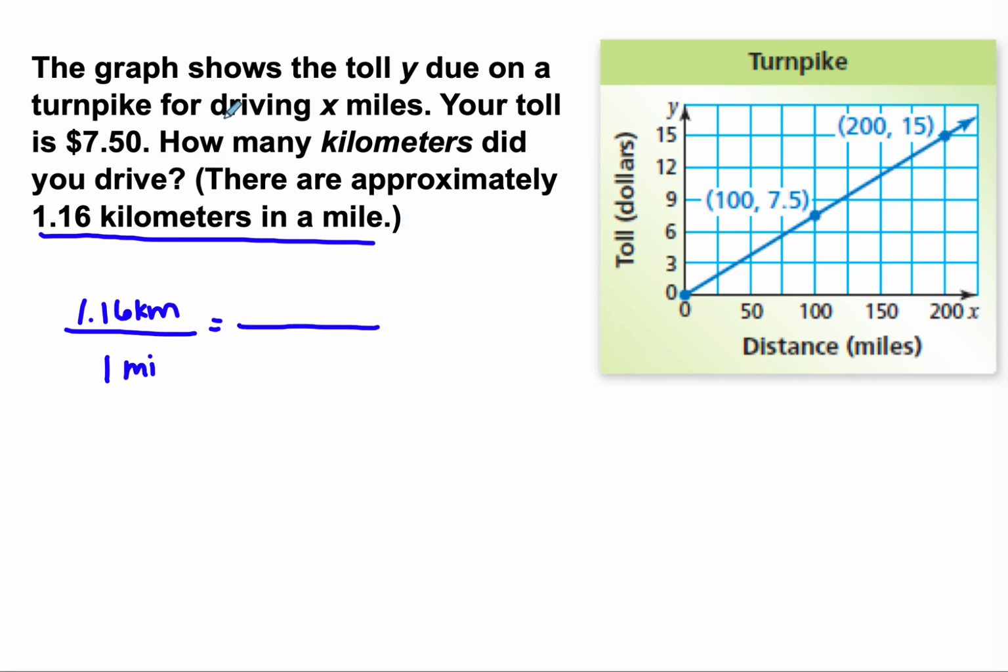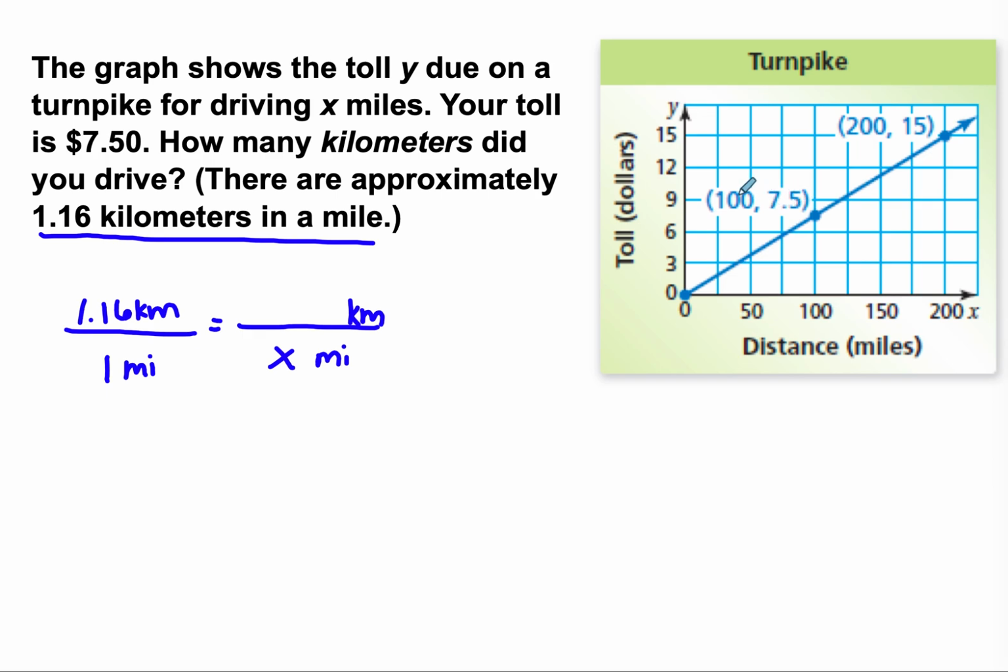Okay. Now I need to know how many miles, x miles. So the x is going to go on the bottom. When you're doing proportions for word problems, you want to make sure your labels match up. Miles on the bottom, kilometers on the top. And then to get the number of kilometers that we drove, we have to use this $7.50. Bring it over here.